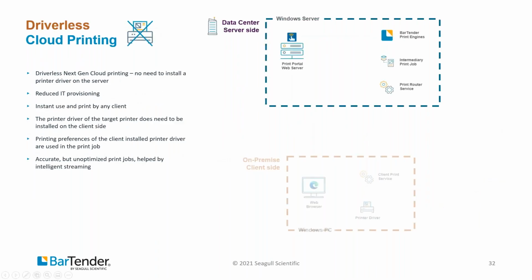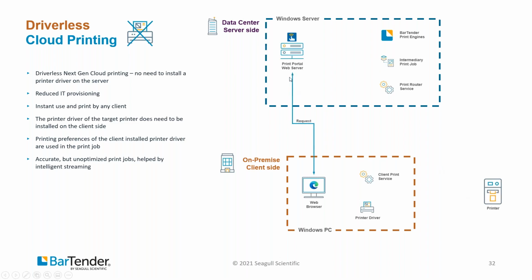By contrast, we have the driverless cloud printing. And you'll notice the main difference here is we don't have the exact model of printer driver instance installed on the server side. So therefore, when the print request is made to the print portal web application, request is then made to the print engine.